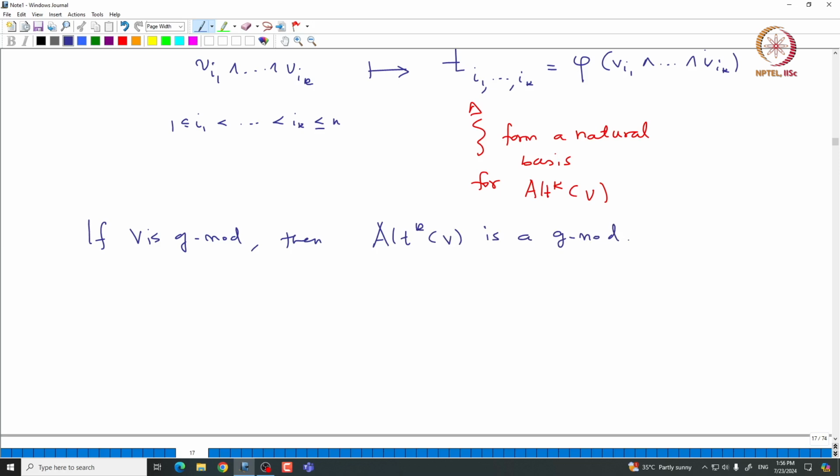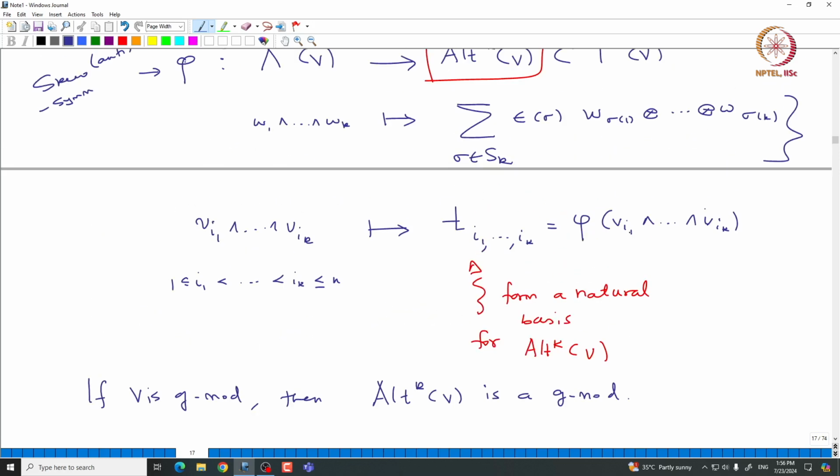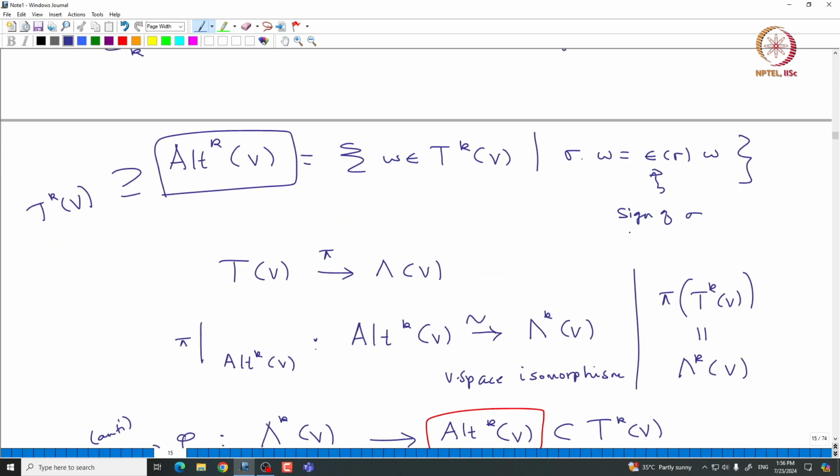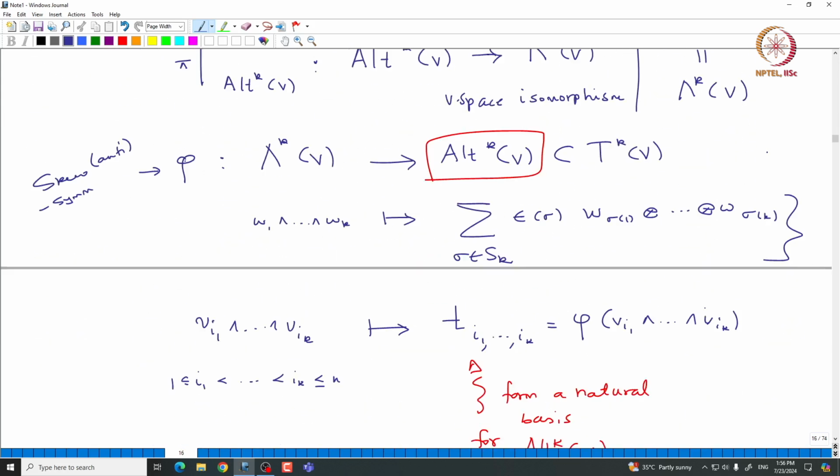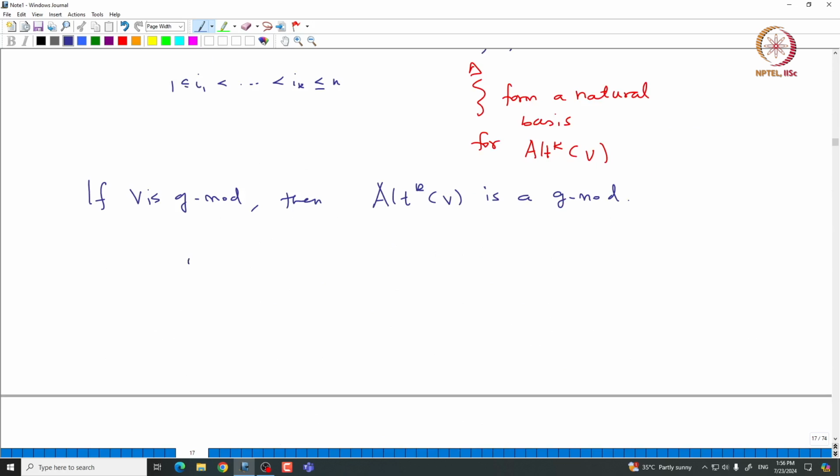Because the action of G commutes with the action of S_k, and Alt^k V is defined using the action of S_k. Now, from this equation you can see that if I take some element w in Alt^k V, x in G, and sigma in S_k, we want to prove that xw must be inside Alt^k V. Let us apply sigma on xw.